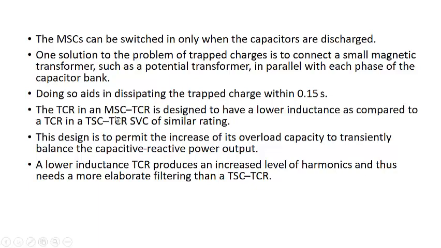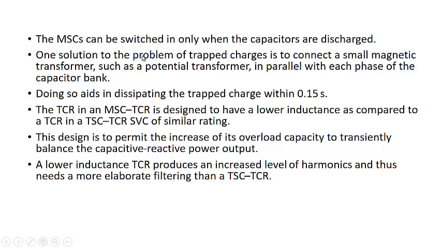The TCR in MSC TCR is designed to have a lower inductance as compared to the TCR in a TSC TCR SVC of similar rating. So the inductance of the TCR used in MSC TCR is lower. This design permits an increase of the overall capacity of transient balance and capacitive reactive power output.